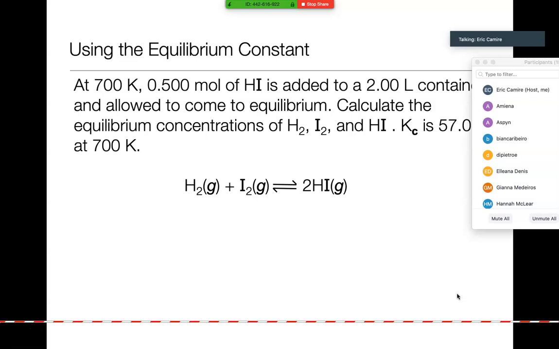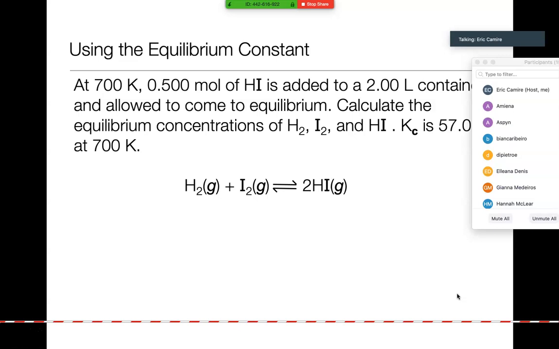I'll immediately stop and then clarify it. So no problem with interrupting. The only thing is, once I start writing with a stylus, I noticed in my last class that I can't see the chat anymore. So if you are typing in chat, I won't be able to see that until I switch out from the stylus tool. All right, so with that said, why don't we get started?